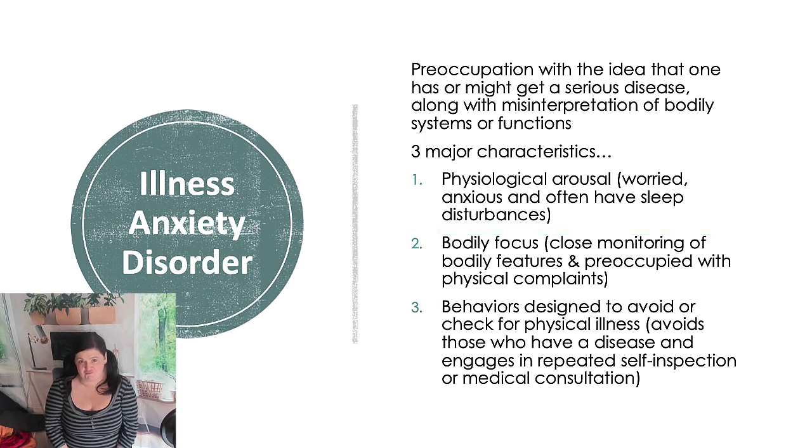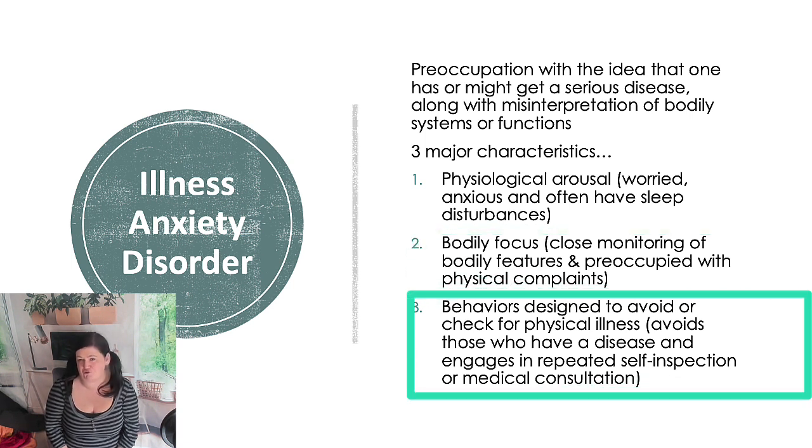And third, the behaviors are designed to avoid or check for physical illnesses. So they avoid those who have the disease, right? I'm not going to go to a hospital where someone may have Ebola or something like that, right? Why would I go to a hospital where I can get this disease? They engage in repeated self-inspections and medical consultations.